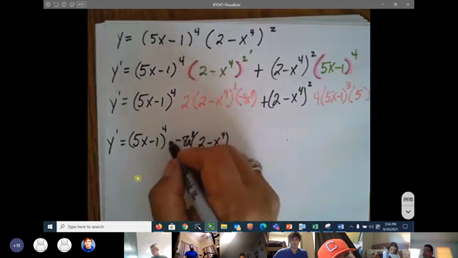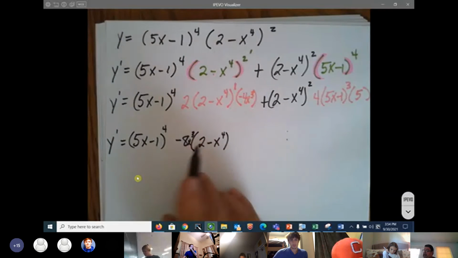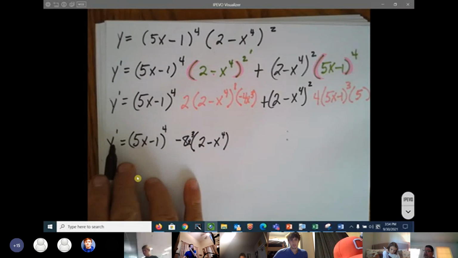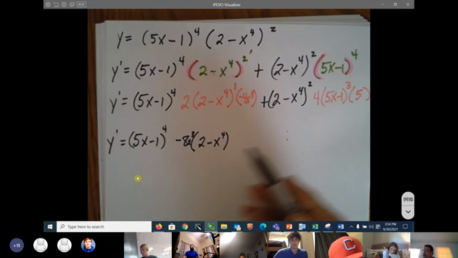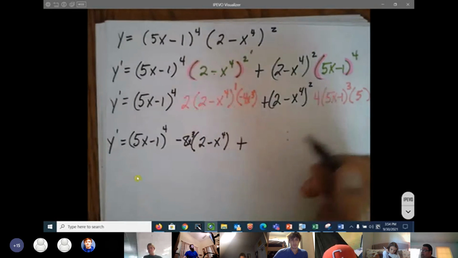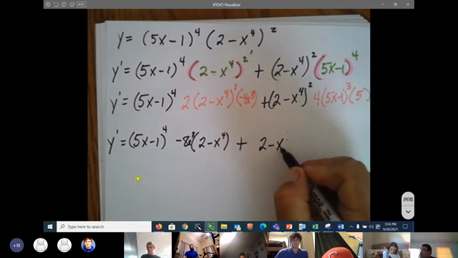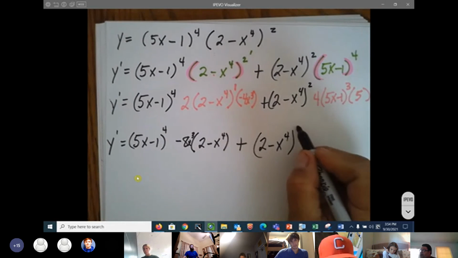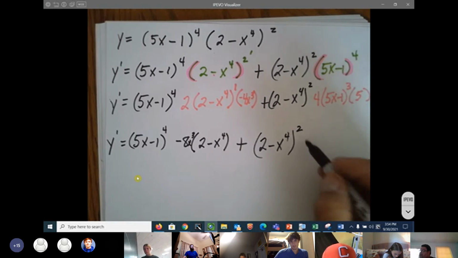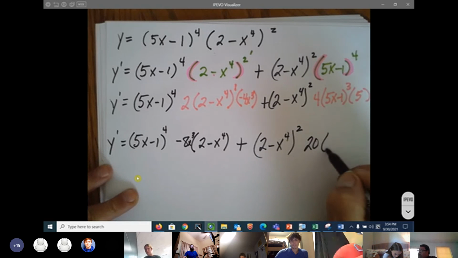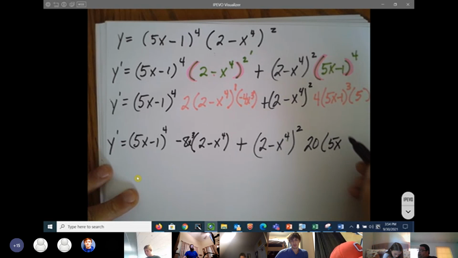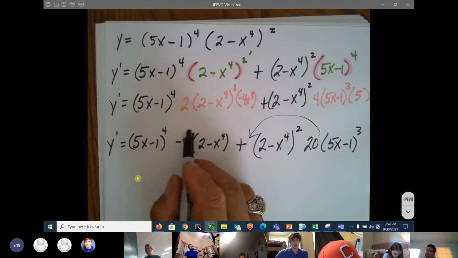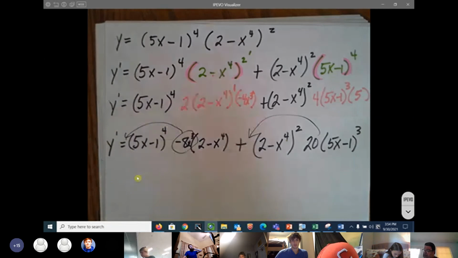So that negative 8x to the 3rd can come out here, times (2 minus x to the 4th) raised to the 2nd power. 4 times 5 is 20, times (5x minus 1) to the 3rd. Now this 20 can come out here, and this 8x to the 3rd can come out here to clean this up.